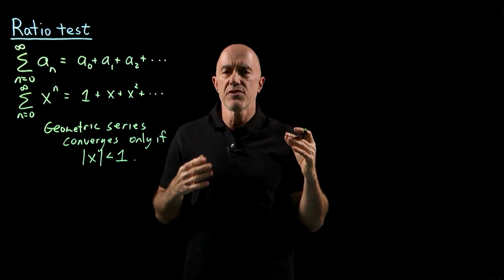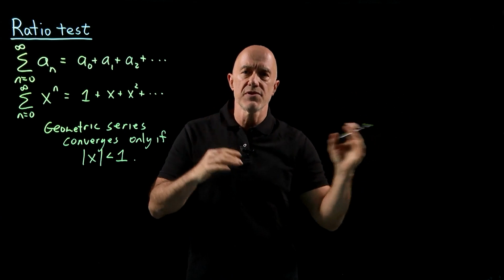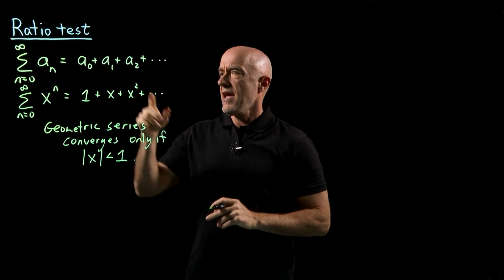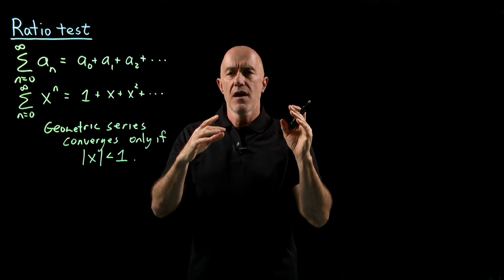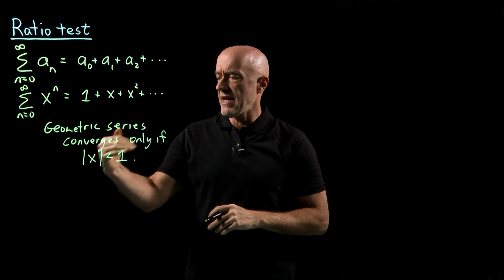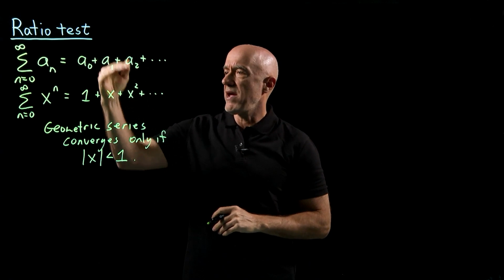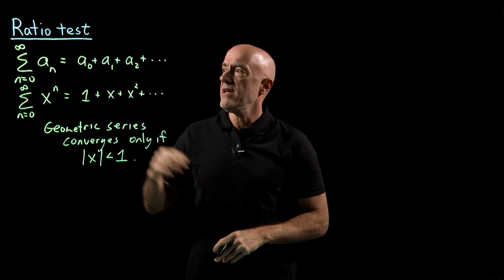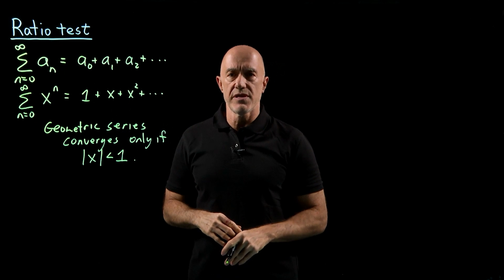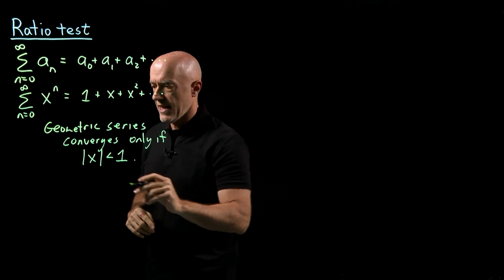We expect that to converge to some number. So it's the n terms of the series that's important. And if the ratio of the consecutive terms is less than 1 in absolute value, then we can compare to the geometric series and say that this general series will also converge. So that's called the ratio test.